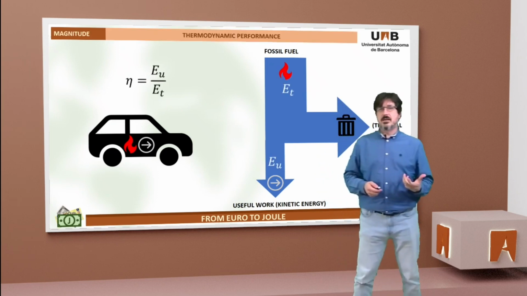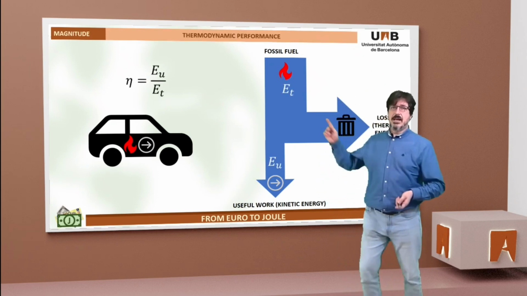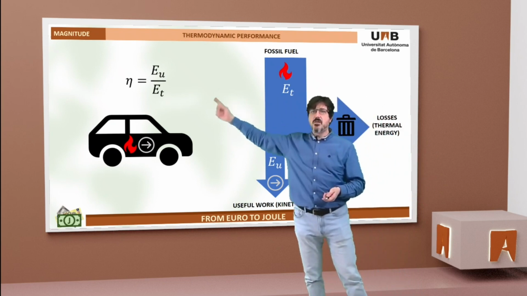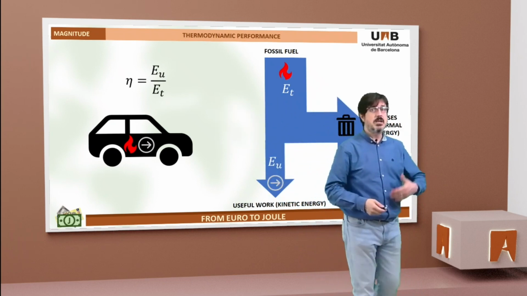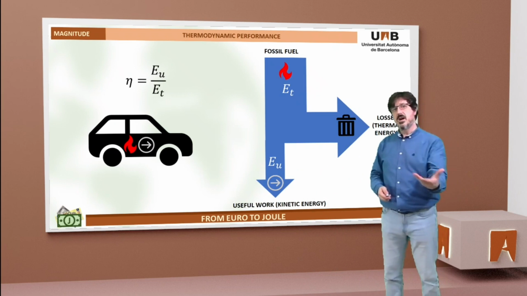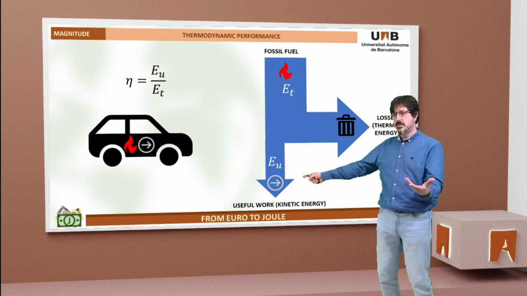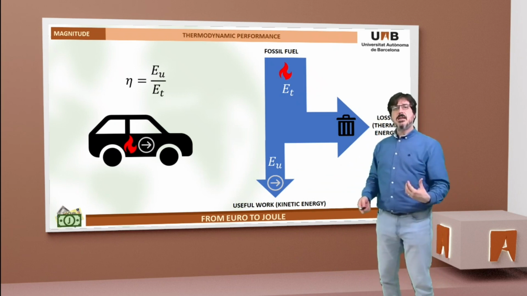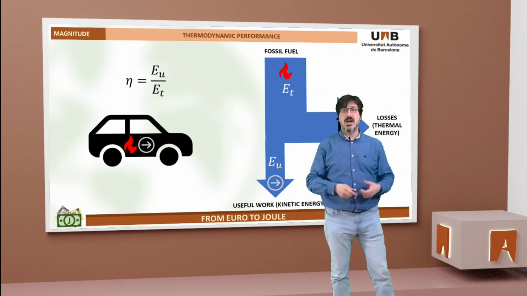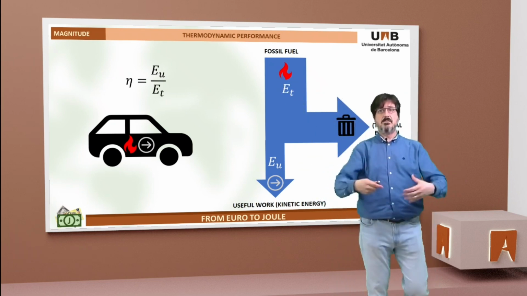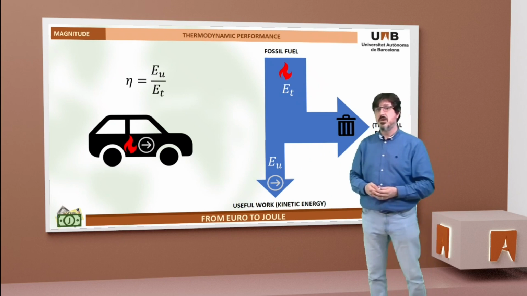And which part is used? Then we have the performance. This performance is the quotient between the useful energy that we are using, so this part here, divided by the total energy that I'm burning, I'm generating from my fuel.